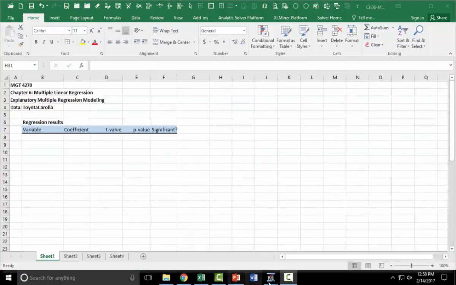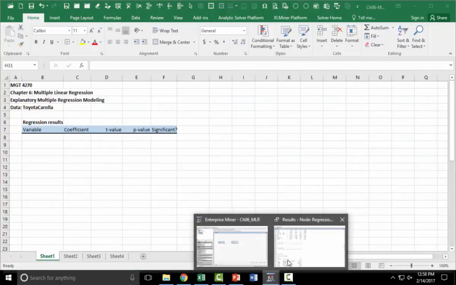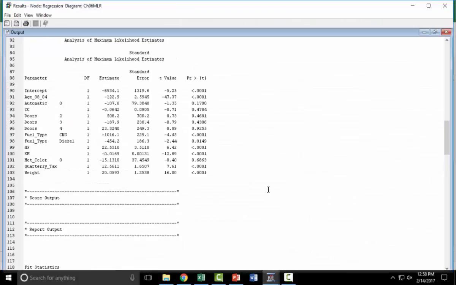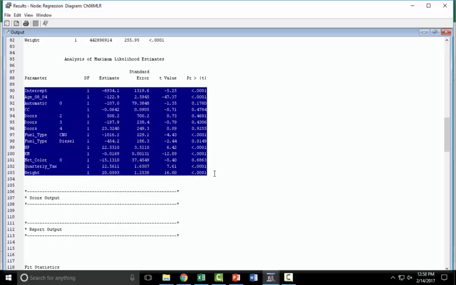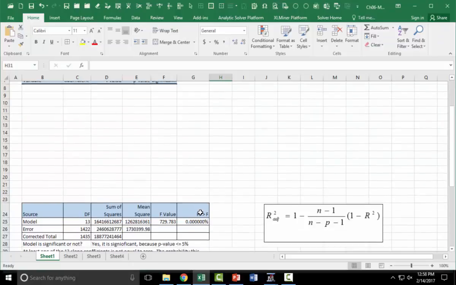Okay, now let's look at the individual coefficients. So here we have the parameters and the parameter estimates and the standard error and so on, right? So let's copy that, bring it over here.